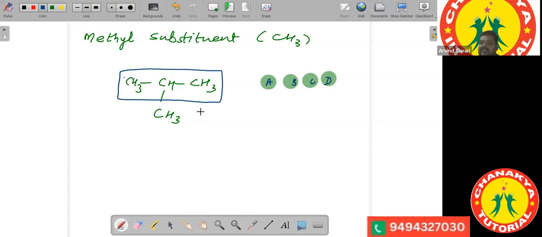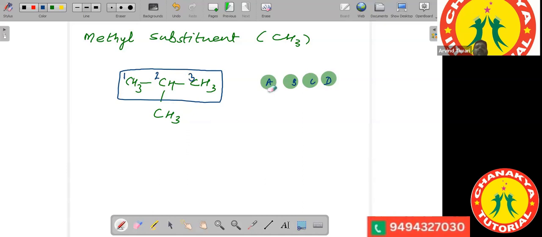It depends from what side you start counting them. In a similar way, we will be numbering these carbon atoms from either side, so it will be 1, 2, and 3.